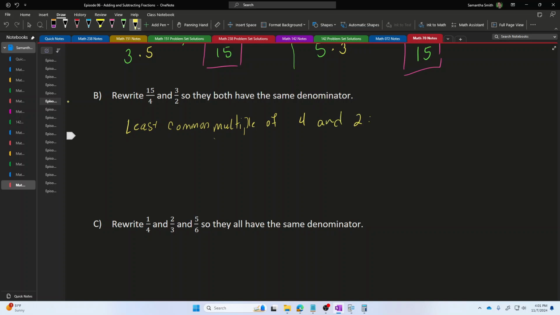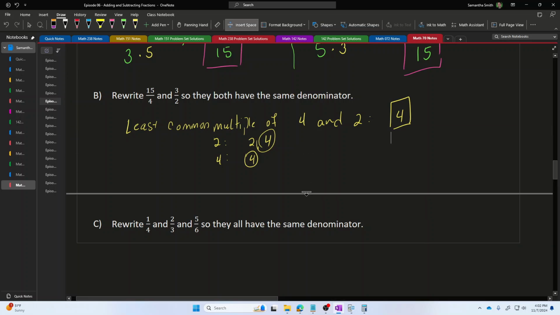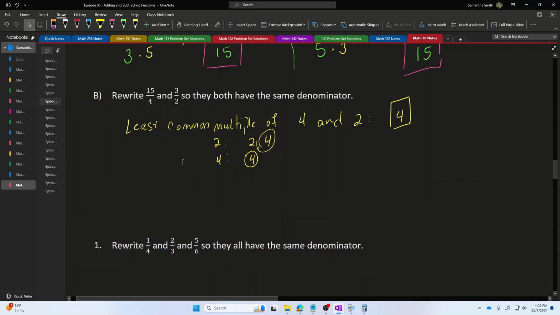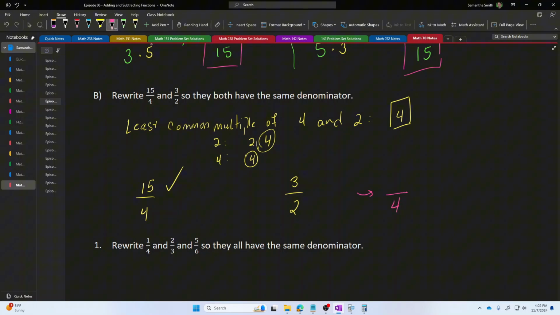Now, if I list out the multiples of 2, 2, 4, I can see right away that 4 works as a multiple for both of these numbers, so the least common multiple is 4. This is great because this means that our first fraction, 15/4, already has the correct denominator. So I don't need to do anything here, and I can focus all of my attention on the other fraction and converting that so it has a denominator of 4 as well.